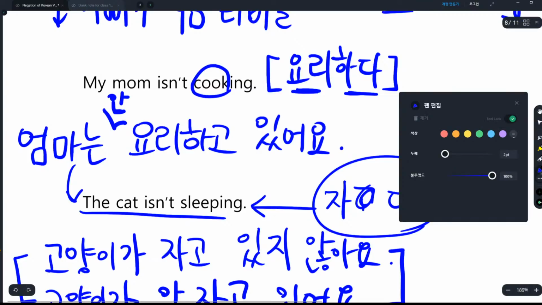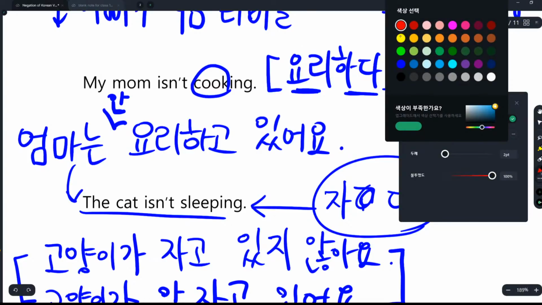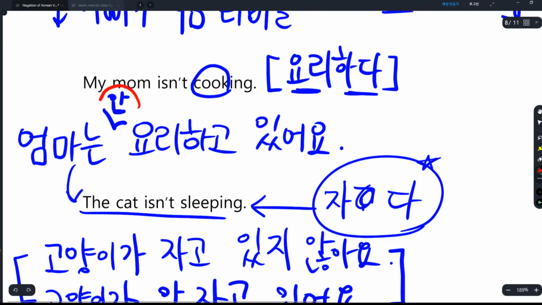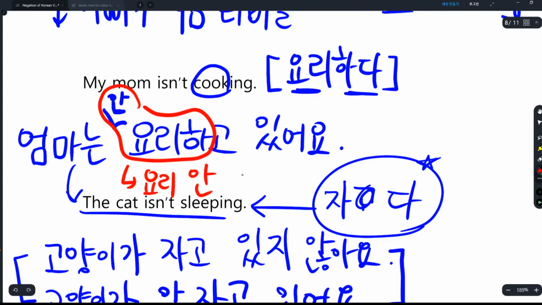I see a couple of correct answers in the chat section. This should be separated, right? 요리 안 하 and then 고 있어요. So 엄마는 요리 안 하고 있어요 would be the correct way to translate this and not 안 요리하다.